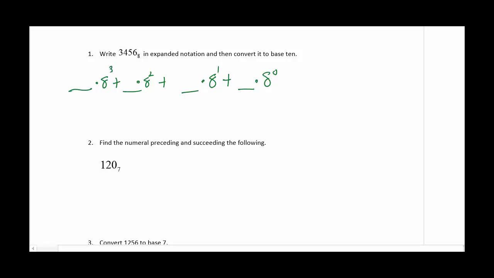And these somethings are the digits of that number there. So that would be 3, 4, 5, and 6. And then I just want to take out a calculator and type that in.